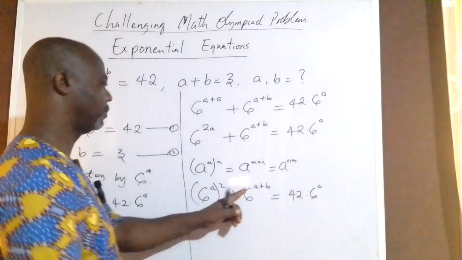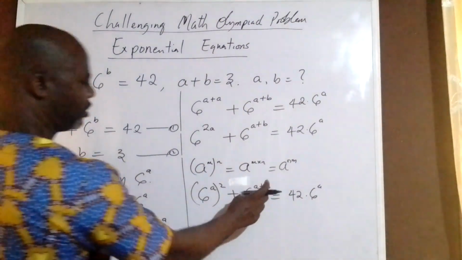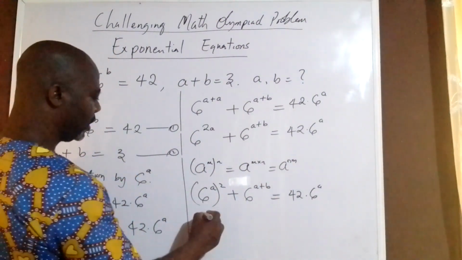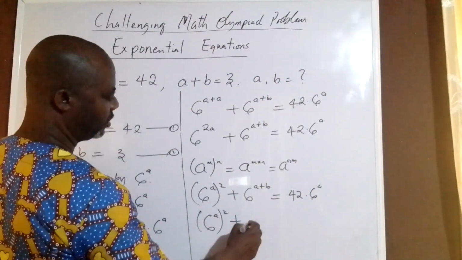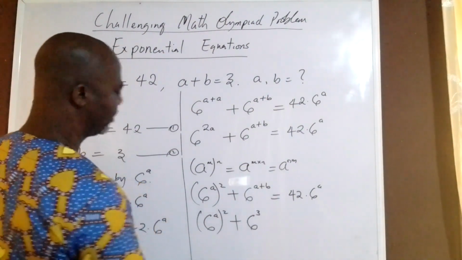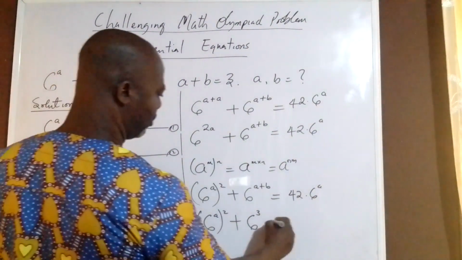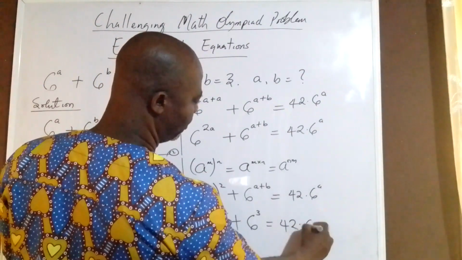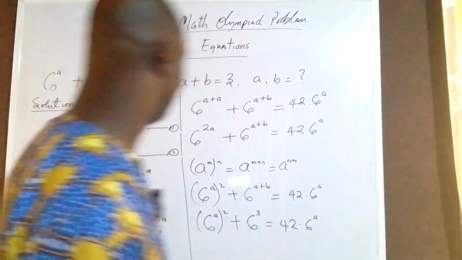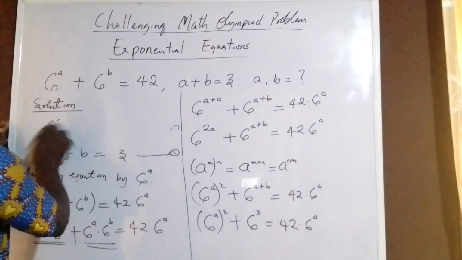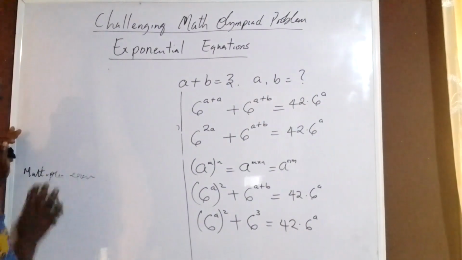Now, don't forget that A plus B is 3. So this becomes 6 to the power of A squared plus 6 to the power of 3, since A plus B equal to 3, that is equation 2, equal to 42 times 6 to the power of A. And from here, I'm going to move over to this side of the board so that I can continue the solution.